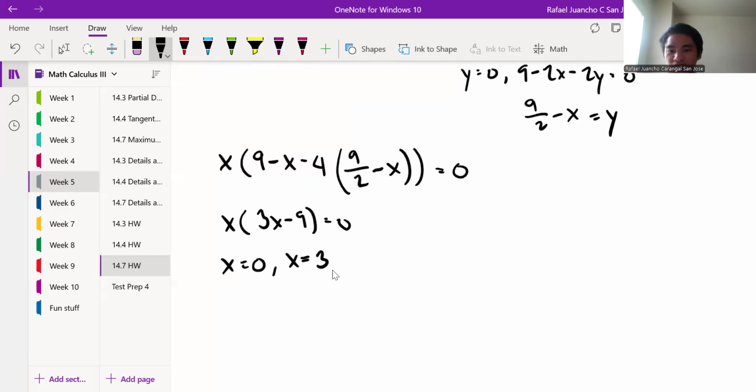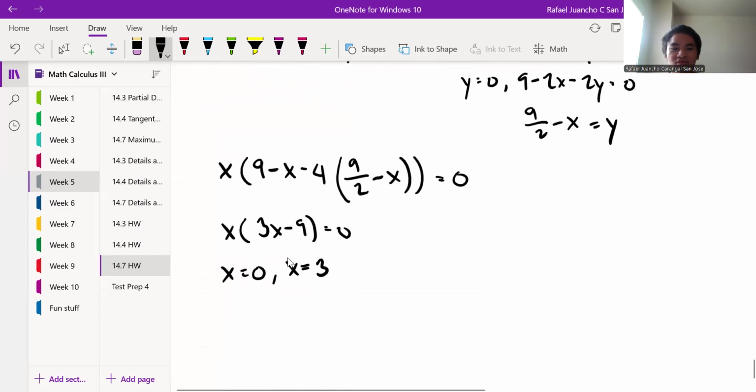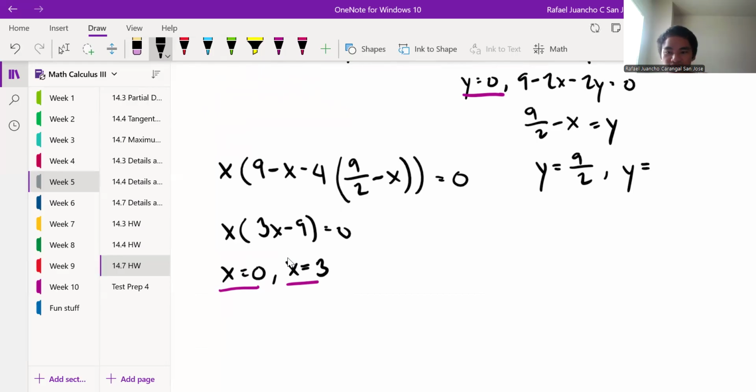And so now I have two things here for my x. If I plug in both to get my y, this is y is either 9/2, or y could also be 9/2 minus 3. 3 times 2 is 6, 9 minus 6 is 3.